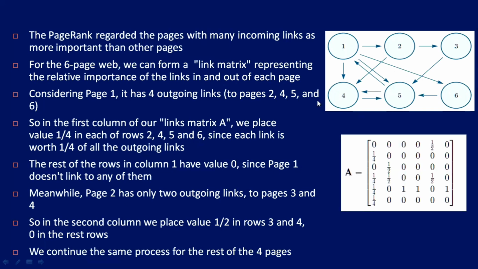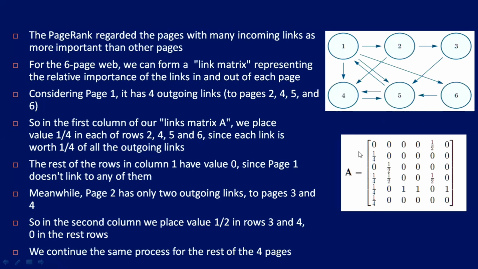Okay, so this is our matrix, and we name this matrix the linked matrix. You see here in the first row and 5th column, we link page 1 with page 5.